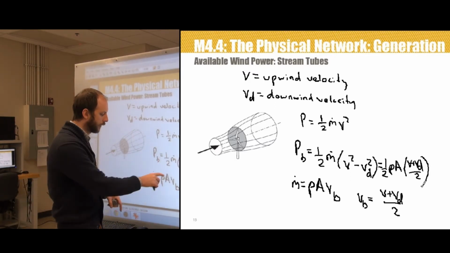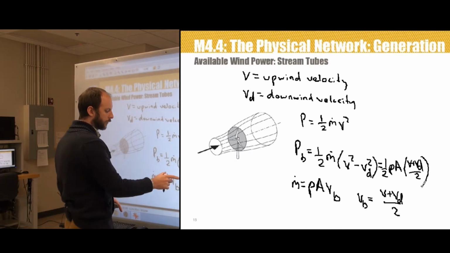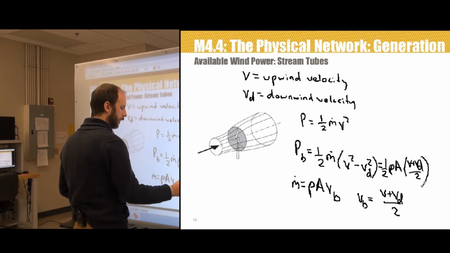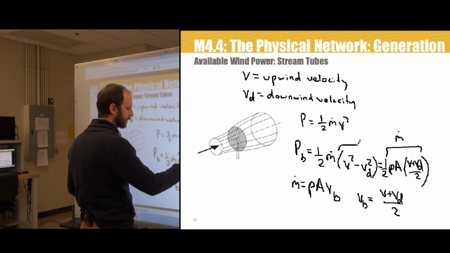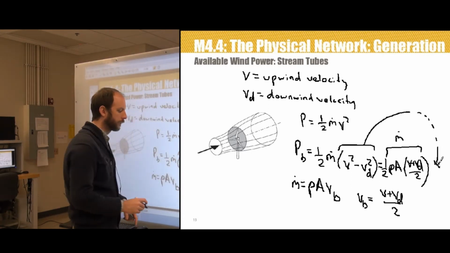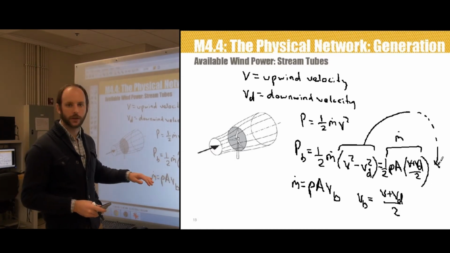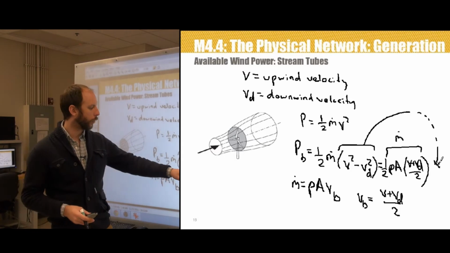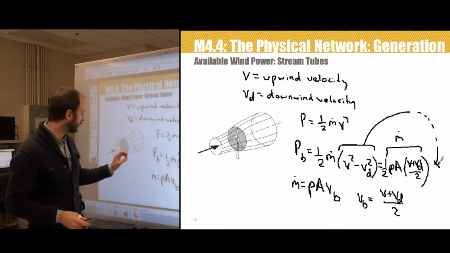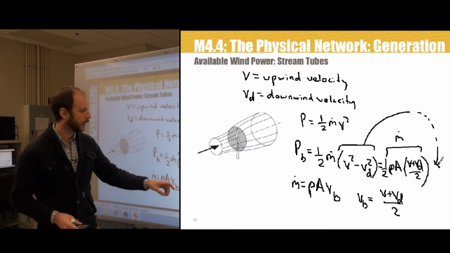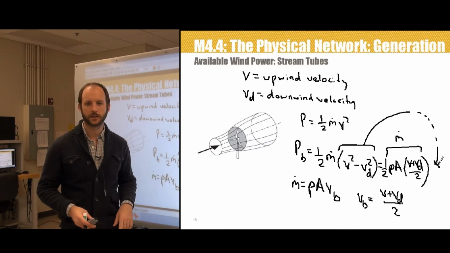We have 1/2 m dot is rho A Vb, where Vb is V plus Vd over 2, so that goes here. And then this term gets inserted right there, V squared minus Vd squared. So we've got the power extracted by the blades is equal to 1/2 air density, cross-sectional area swept out by the rotor blades, times V plus Vd over 2 times V squared minus Vd squared.